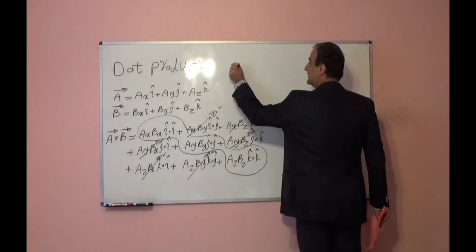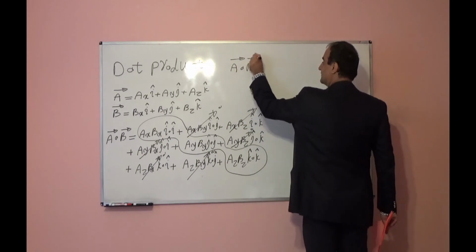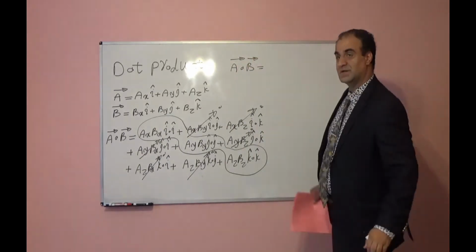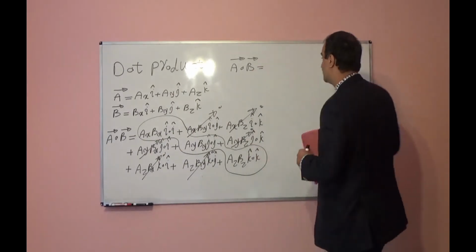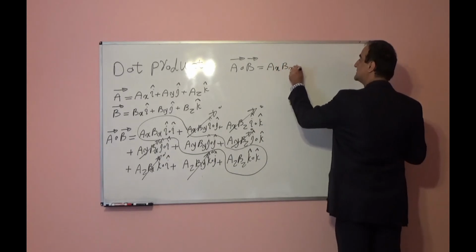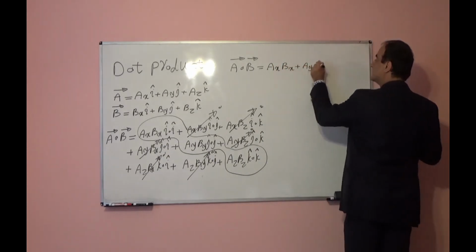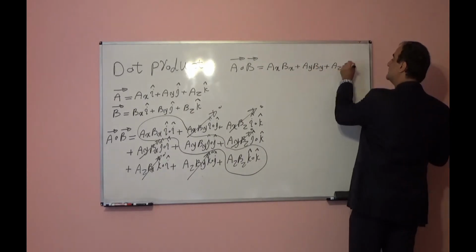From here we can write, if we represent vector A and vector B in Cartesian vector form, A dot B will be AX BX plus AY BY plus AZ BZ.